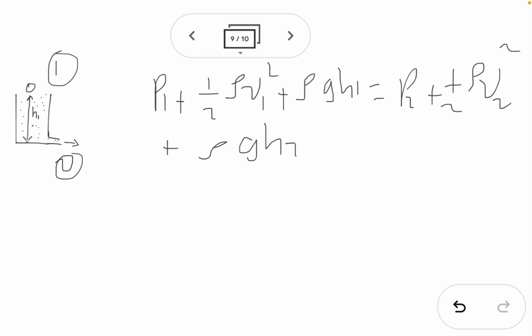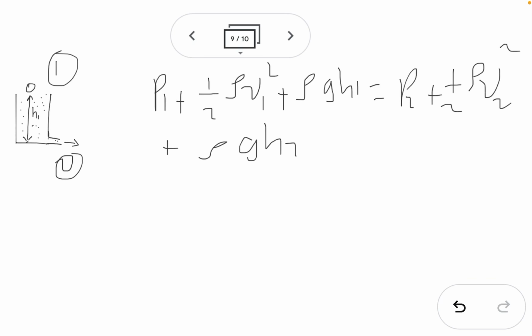Now if we want to find the speed of this fluid as it goes through the smaller opening at the bottom, we need to consider first the speed at the top, the pressure at the top, and also the height of this fluid in the tank.